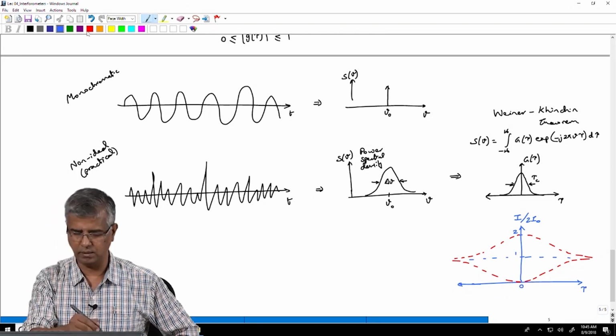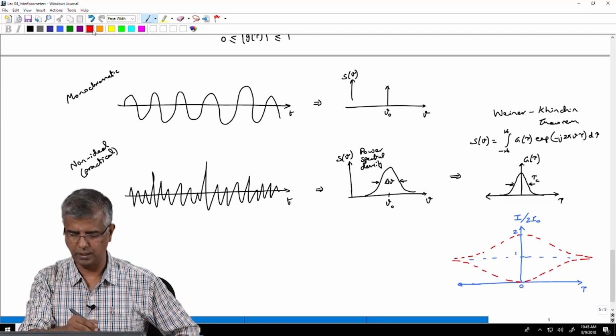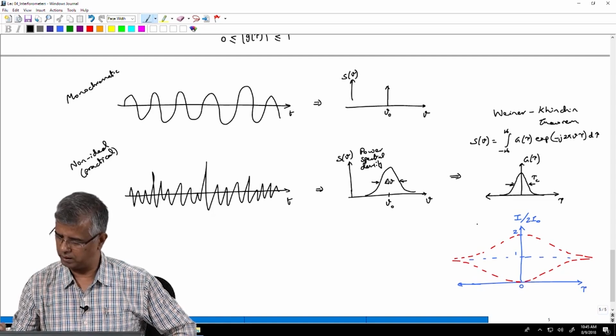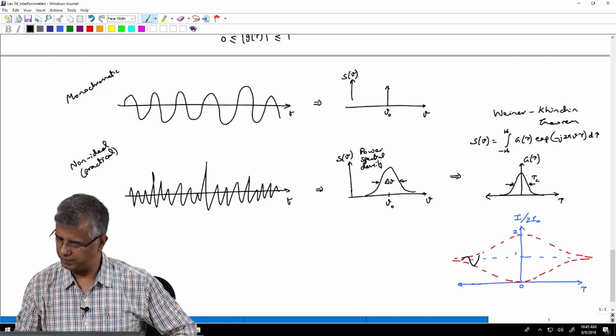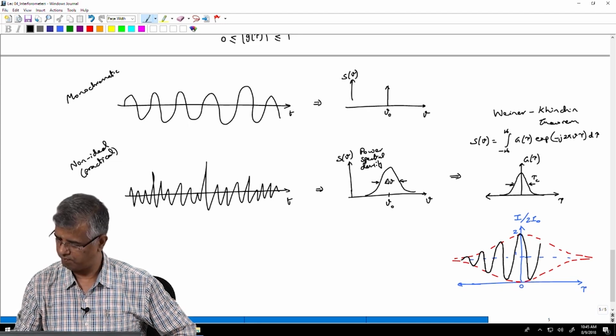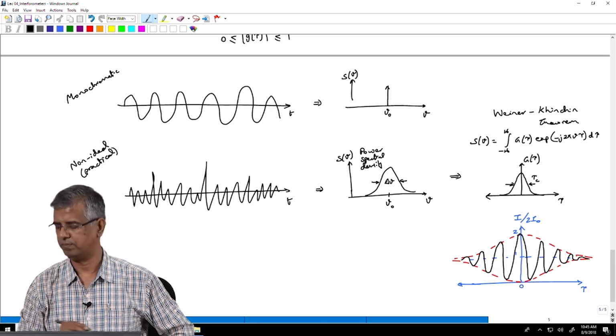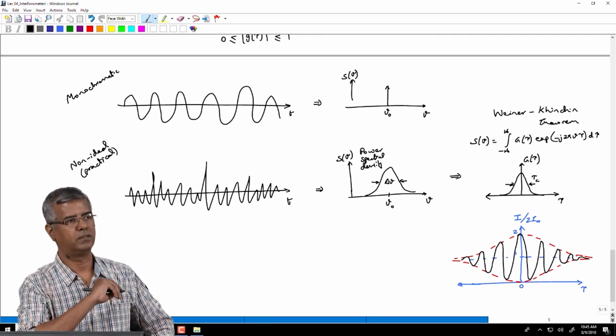Inside this, if we look at the specific interference pattern, it would be something like this.